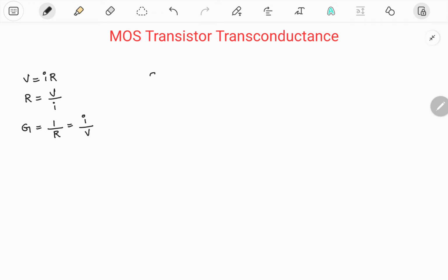Transconductance Gm is the ratio of change in Ids with respect to Vgs, whereas Vds is kept constant.